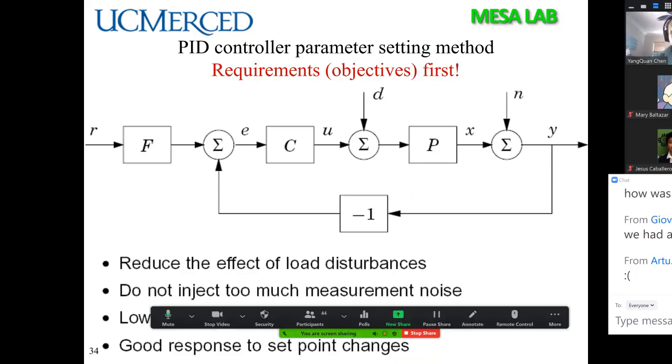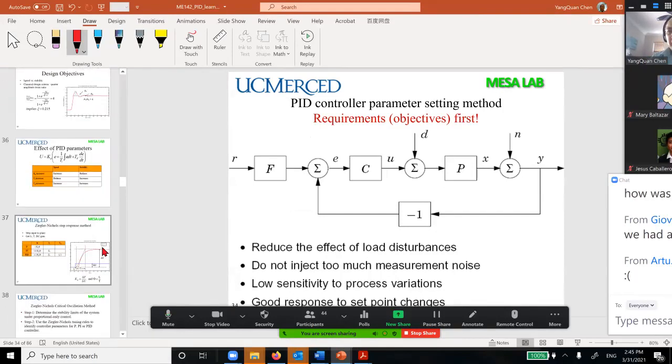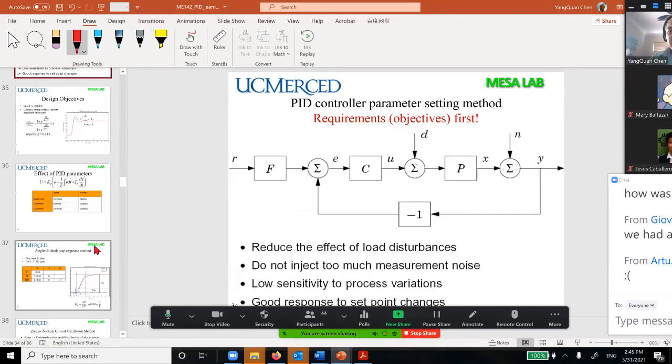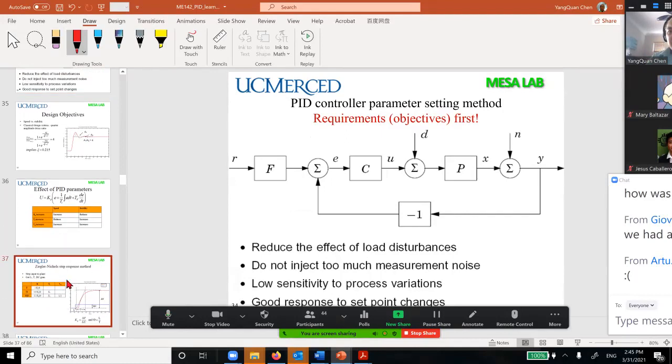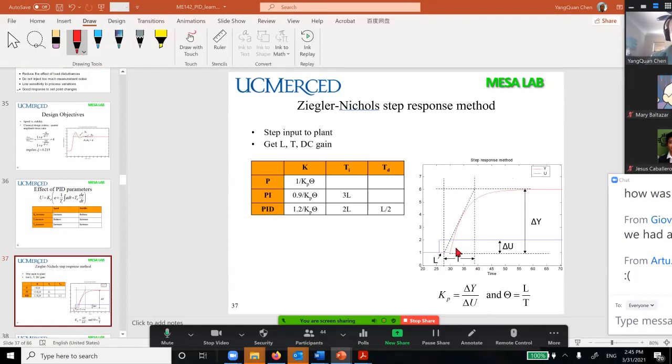With that, today we are going to go through PID tuning; we talked about using the Ziegler-Nichols rule. One is the step response, okay?